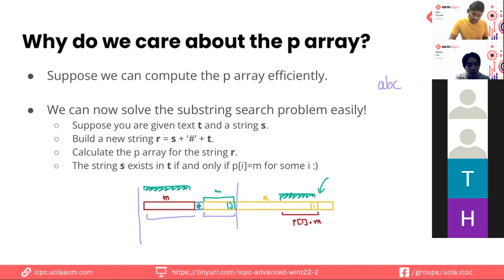Now if you just concatenated them together and ran your prefix function on this, you'd get -1, and then 0, 0, 0, 1, 2, 3, right? But then what would the prefix function value be for this position?